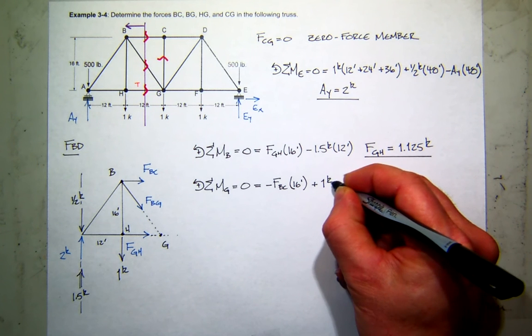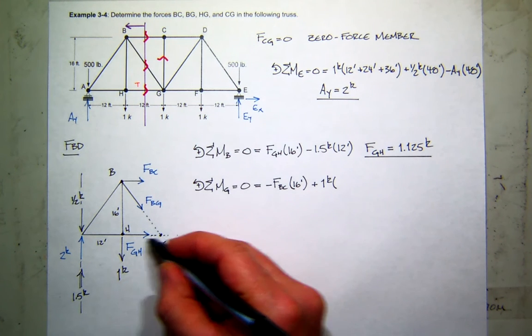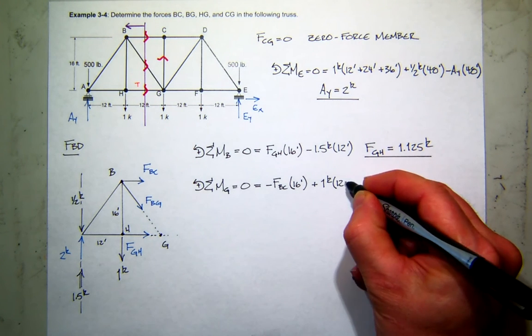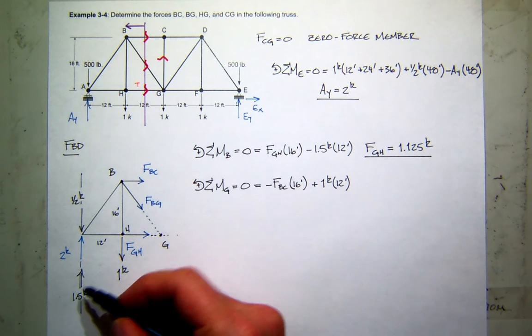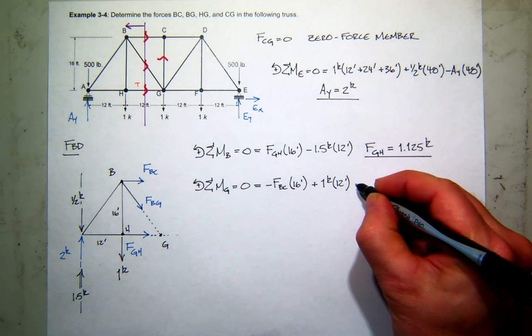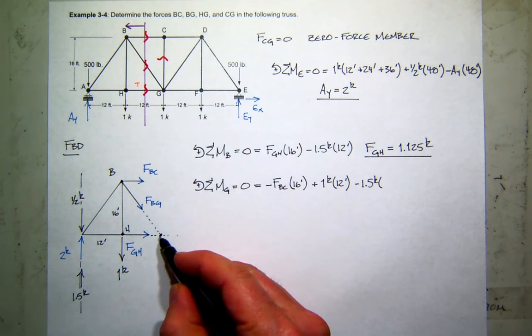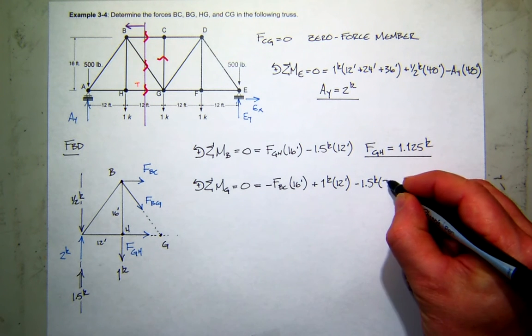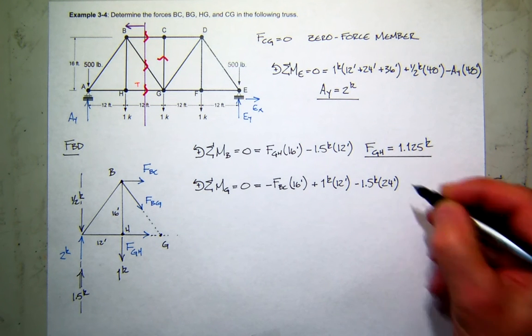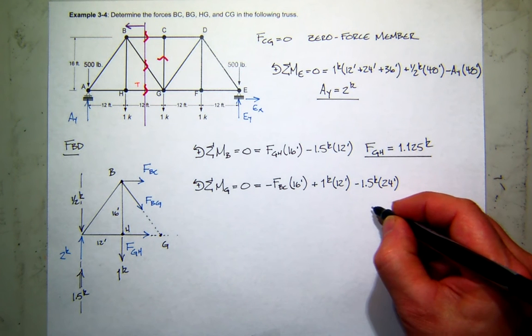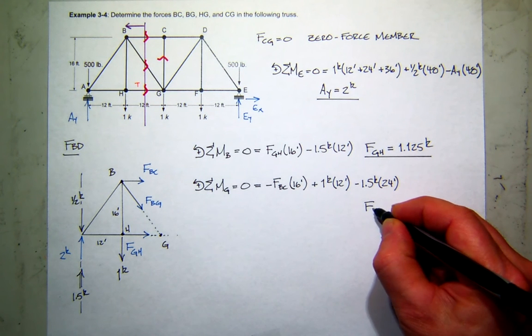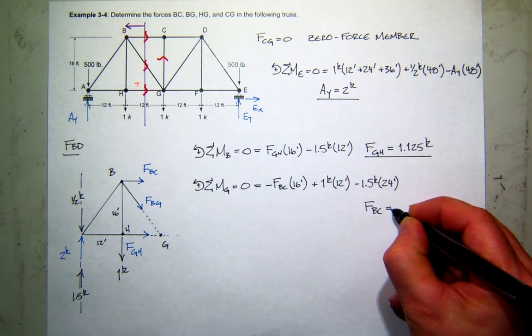So the force is 1 kip. The moment arm, G to H, is 12. And then I got the 1.5, which is creating negative moment. And its distance is 12 plus 12, which is 24. So I should be able to solve for the force in BC.